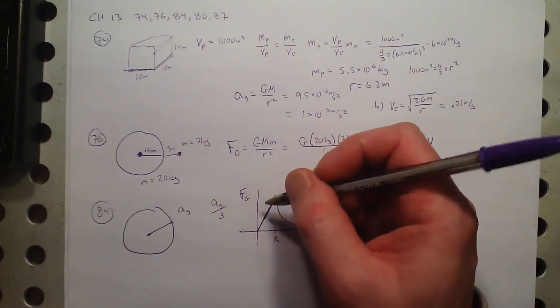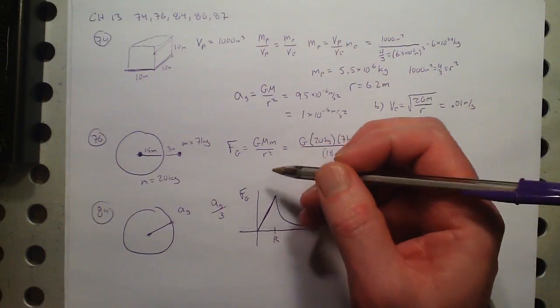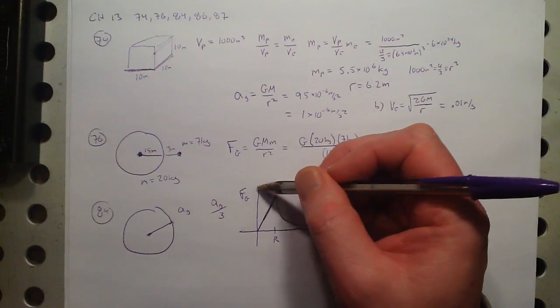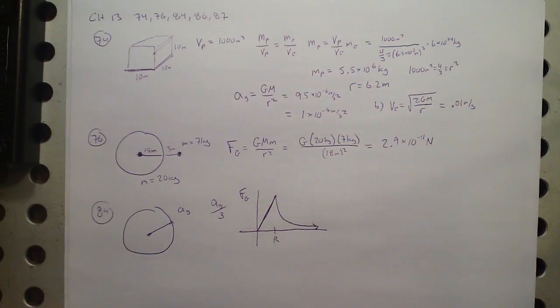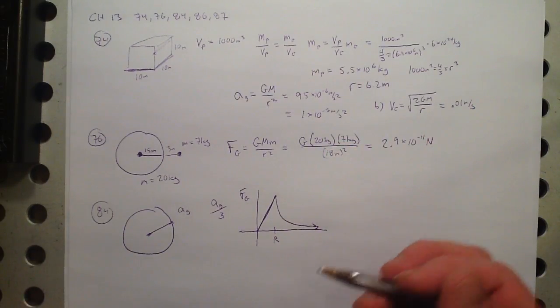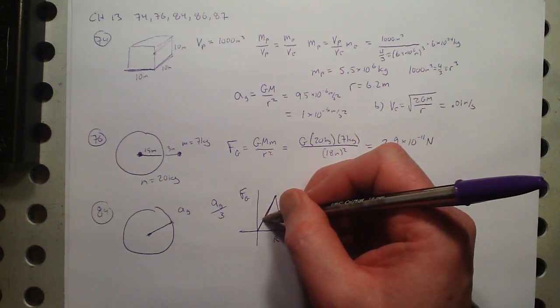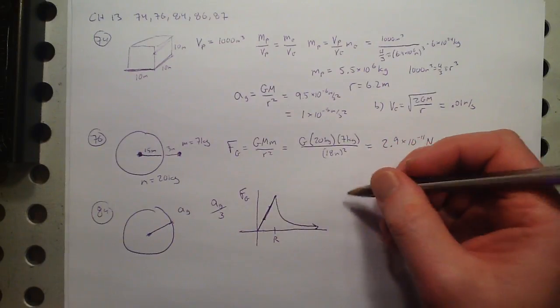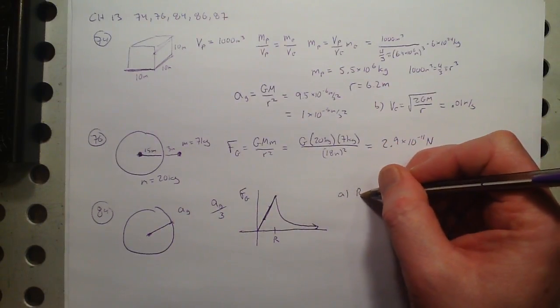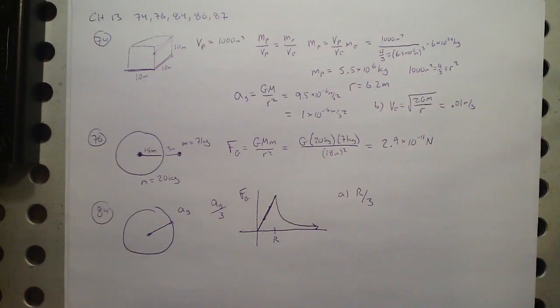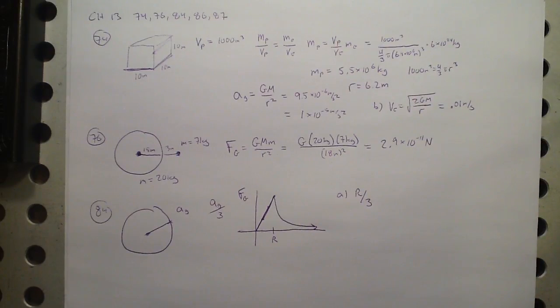And this universal gravitational force, that's directly proportional to the gravitational field strength. So on the inside, if you want ag over 3, well, that's linear. You just have to go to here. That's going to be r over 3. Right?